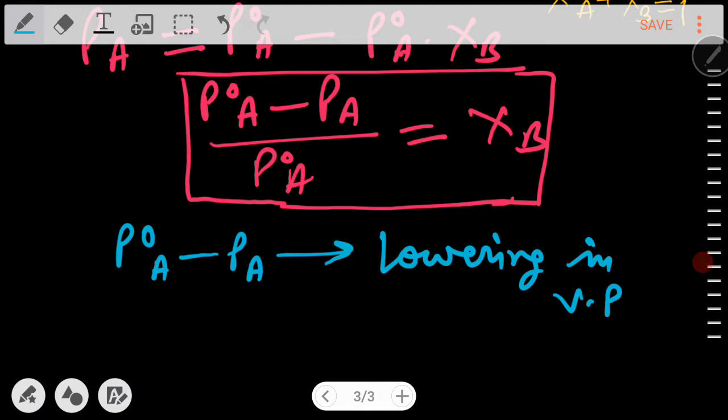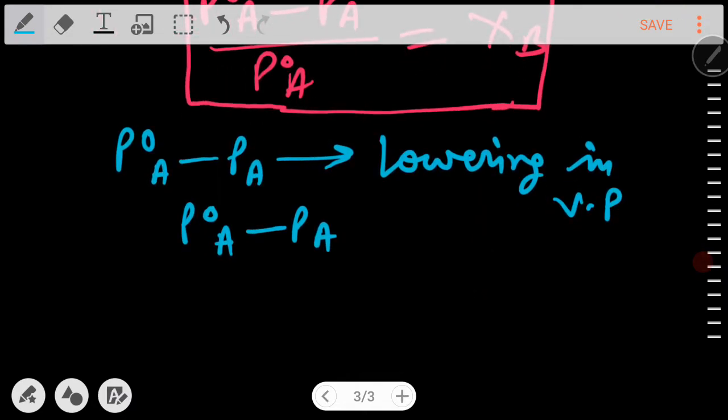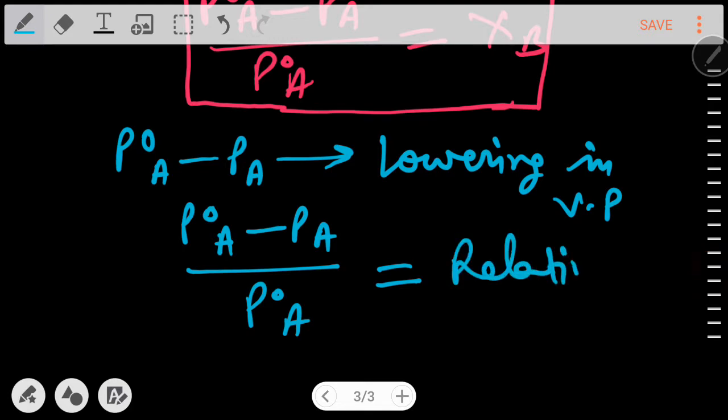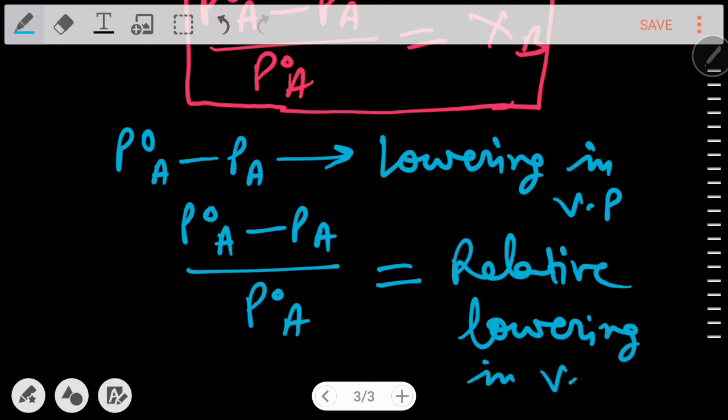Pa is less than P naught A, so P naught A minus Pa represents lowering in vapor pressure, and P naught A minus Pa upon P naught A represents relative lowering in vapor pressure.